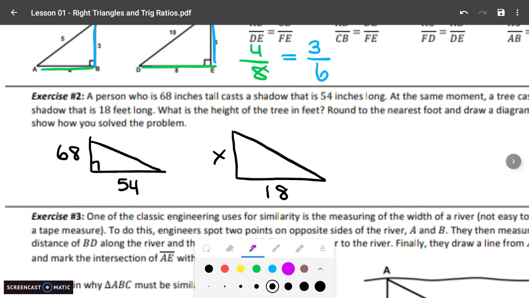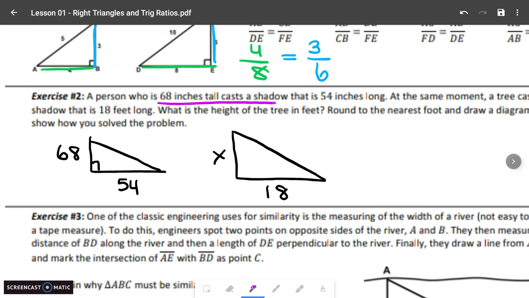The thing we have to keep in mind is the first time we were dealing with the person's in inches while the tree is in feet. So I have to take this 18 and I'm going to convert it so it matches the other 2 units I have of inches. So I'm going to take 18 and multiply by 12 because there is 12 inches in 1 foot. So that's going to get us 216 inches.